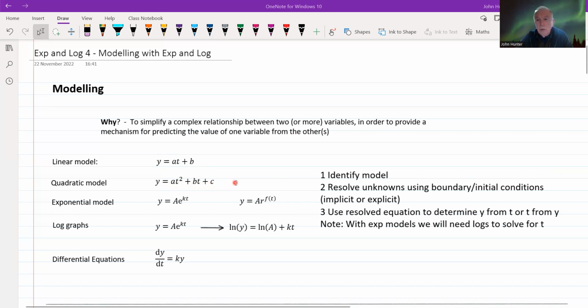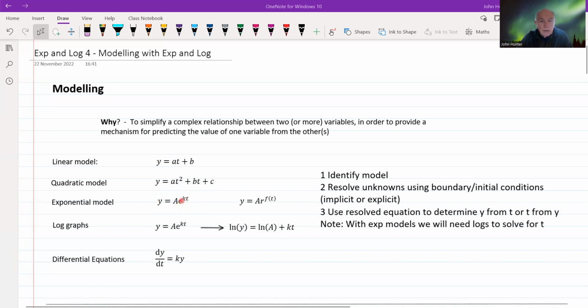These tend to crop up quite a bit. Very often we're looking at inverse quadratics where the coefficient of a is negative, but not always, though that does seem to be the most common type. And then we've got our exponential models, which look like this.